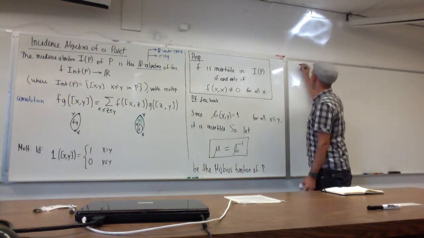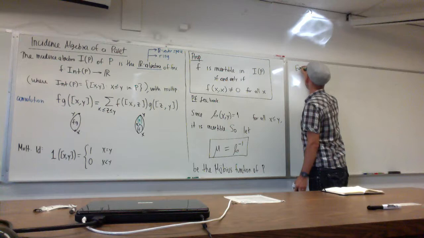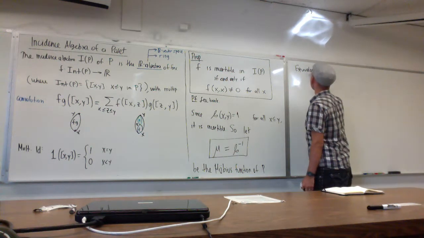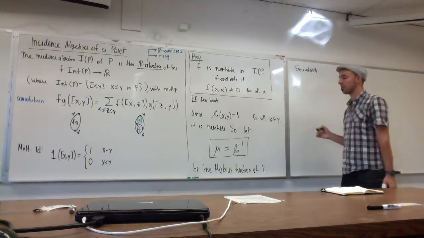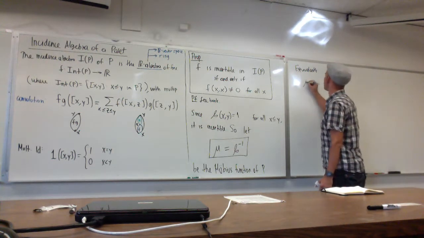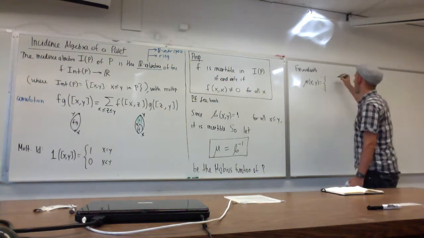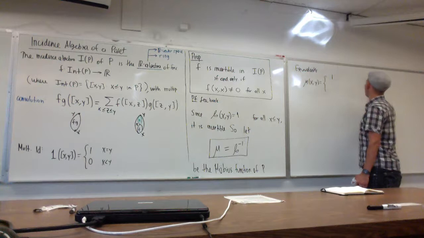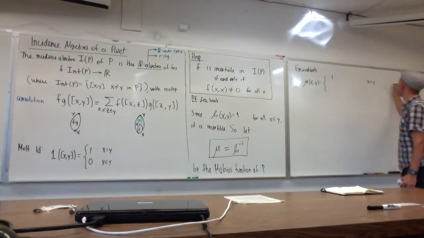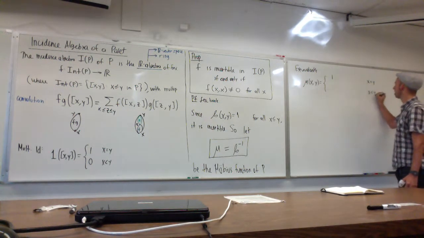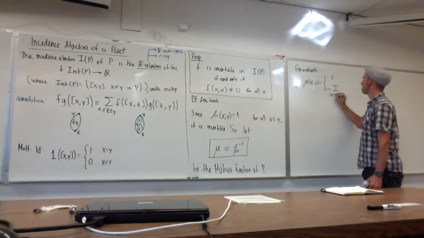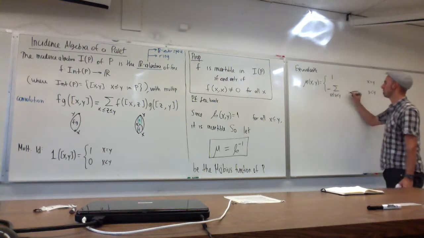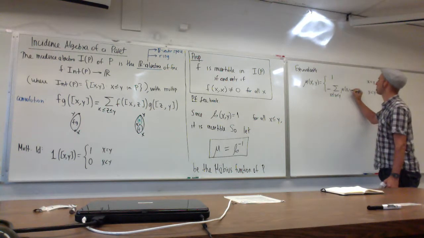And an equivalent definition is the following. Mu of xy is equal to 1 if x is equal to y, or if x is less than y, then you get minus the sum over x less than or equal to z less than y of mu of xz.